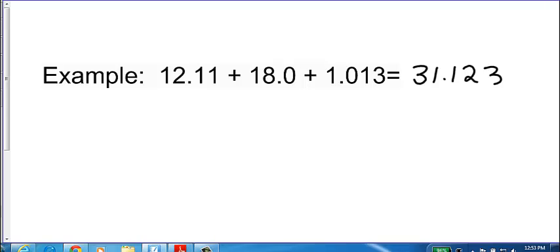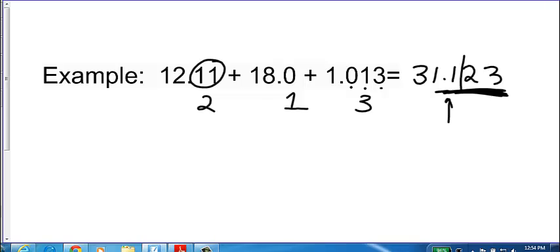My answer has to have the same places after the decimal as the number in the problem that has the least places after the decimal. This has 2 after the decimal, this has 1, and this has 3. So I need to round this number so that it only has 1 place after the decimal. I look to the right, it's not a 5 or higher, so I would round this to 31.1.